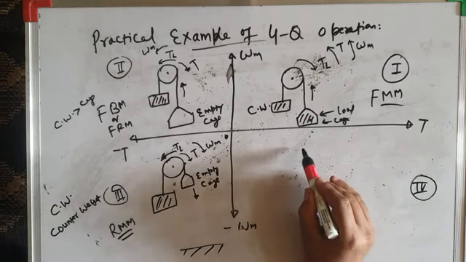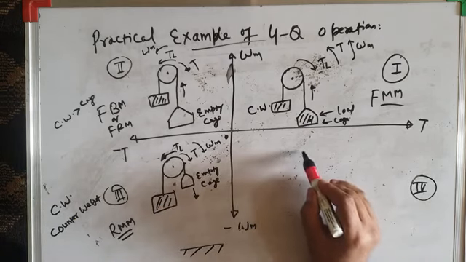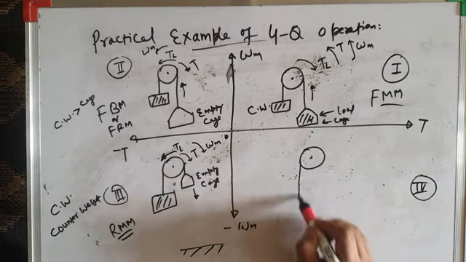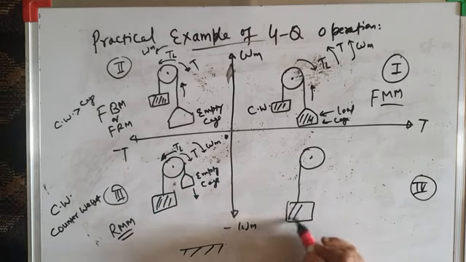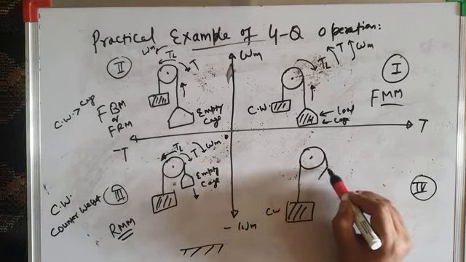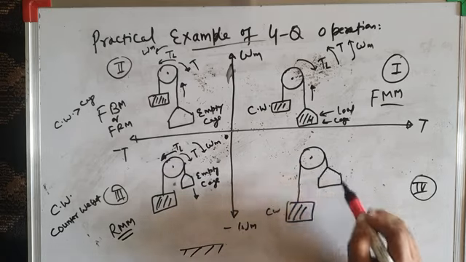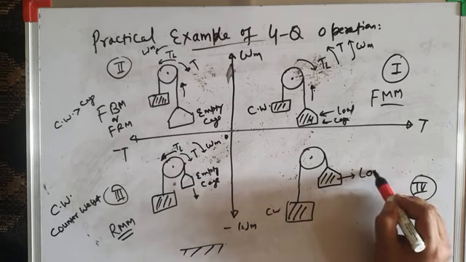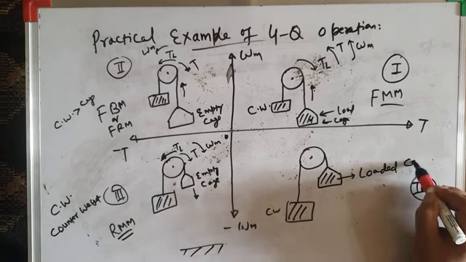In quadrant 4, the situation is something like this. This is the counterweight, and this is the cage, the loaded cage. I will write here, this is not an empty cage, this is a loaded cage.